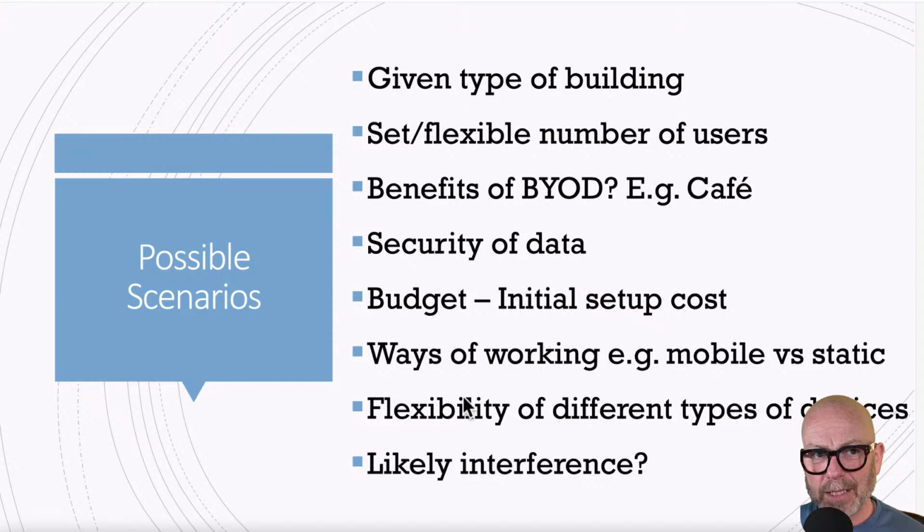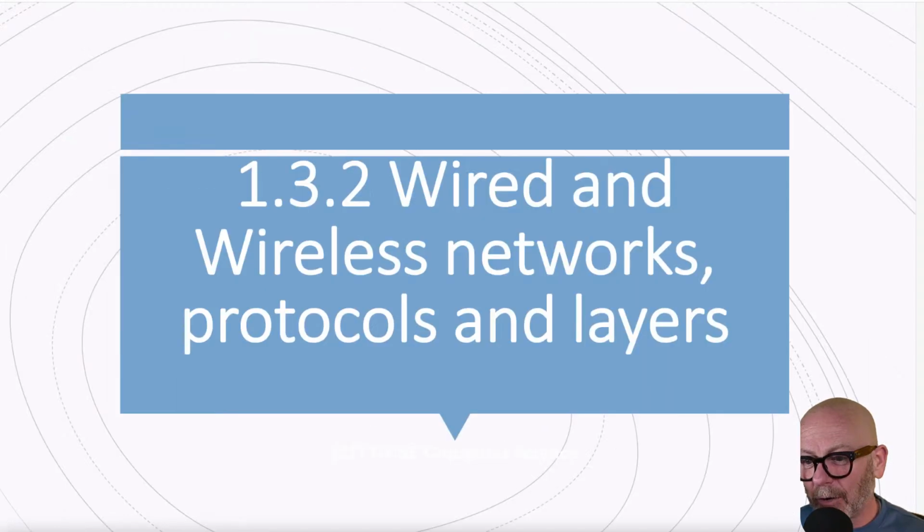But that would mean you couldn't connect your phone to a wired network. Connecting a mobile device to a wireless network is much easier. So these are the sorts of different areas you might need to focus on when it comes to being given a scenario and talking about what it is you're going to do.